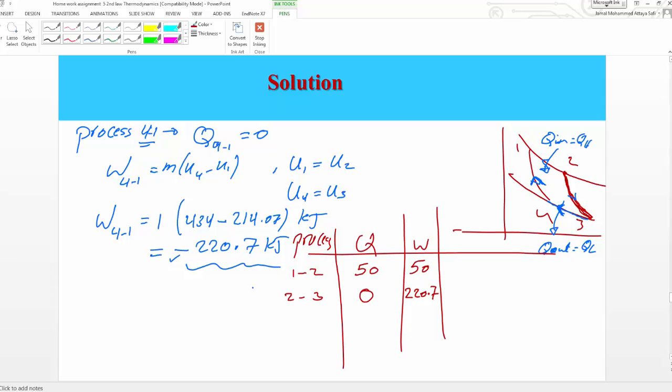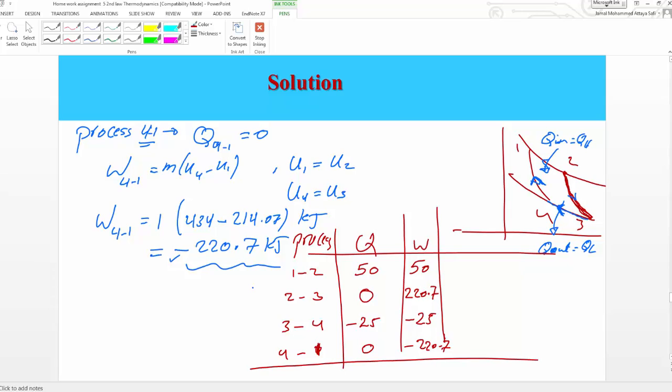We found it was 220.7. And then from 3 to 4, this is minus 25. It's an isothermal compression and no change in internal energy, so Q is equal to work, that's minus 25. And then from 4 to 1, Q is 0, it's an adiabatic, and the work is minus 22.7.